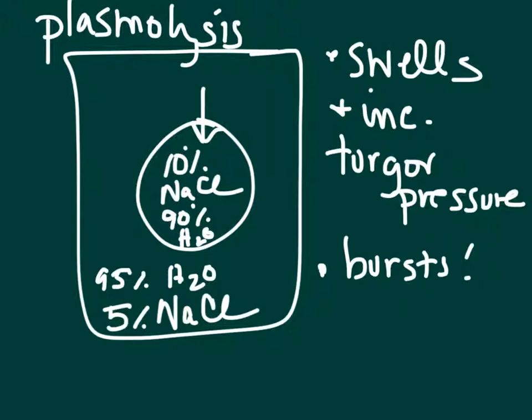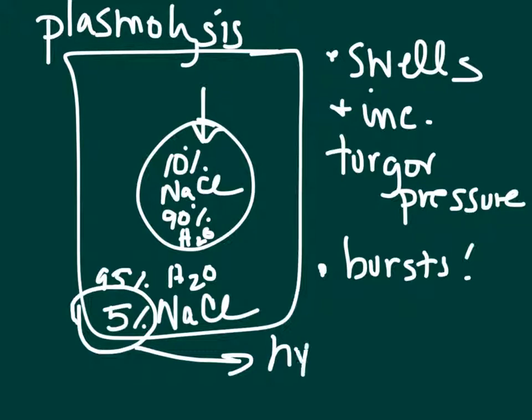So with the first case, this is passive. It doesn't require energy. It just naturally happens. We called the last one isotonic because iso means the same. Here, the concentration outside was lower, so we call it hypotonic.